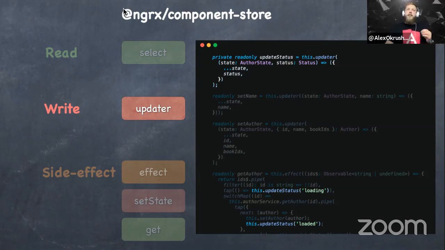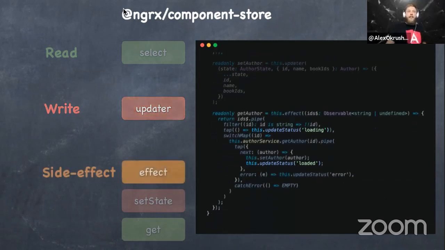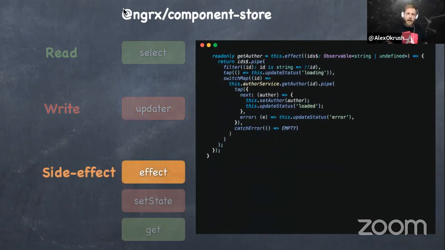All right, so this is how we write. And the other very critical part is the side effects. When people ask me, what is a component store? What it actually is? Even when I was writing the design doc for it, the first thing that I said was, it's just a better replacement for your service with a behavior subject, or service with a subject.